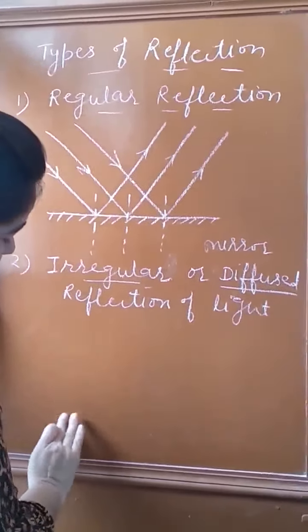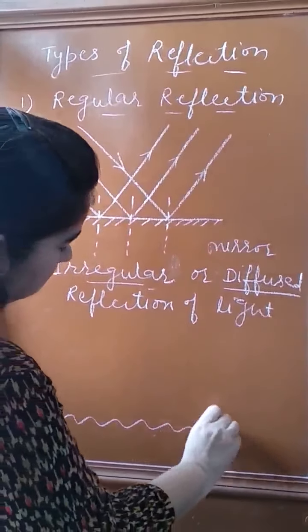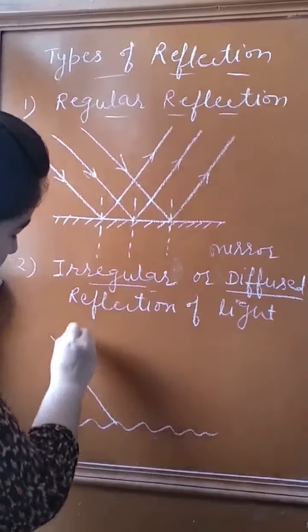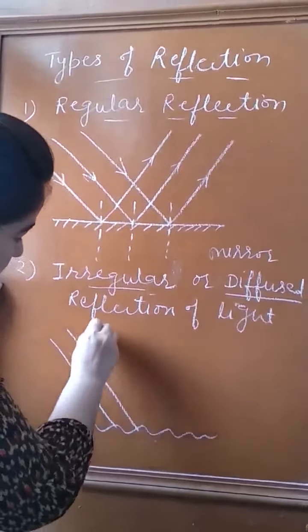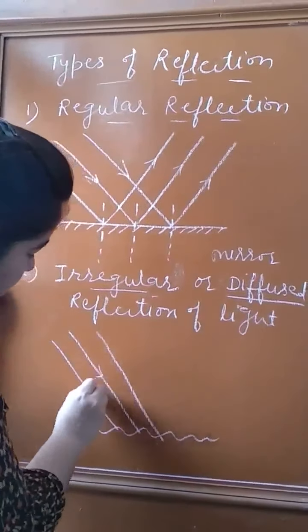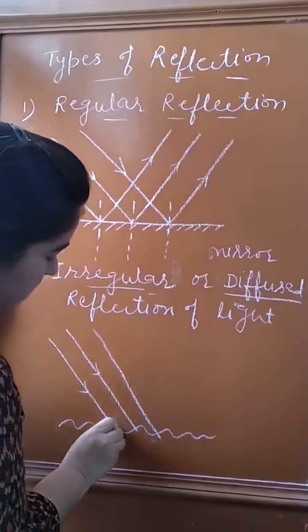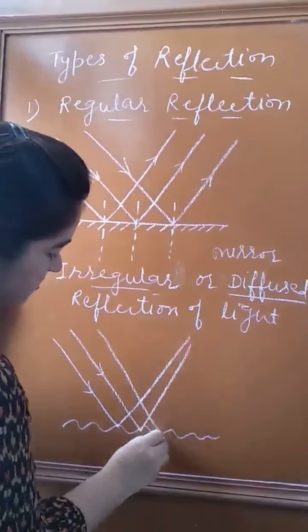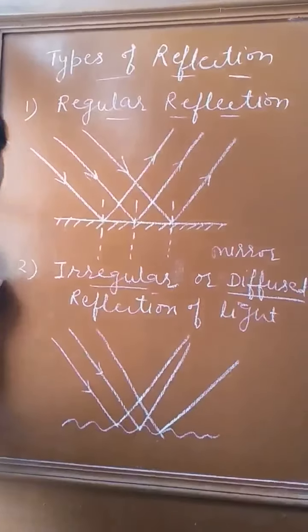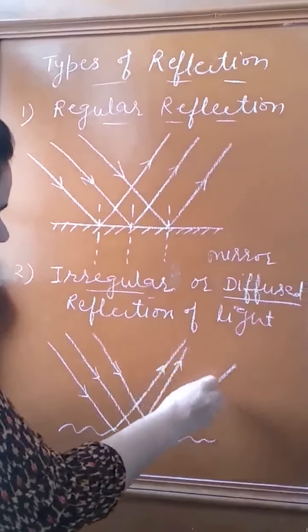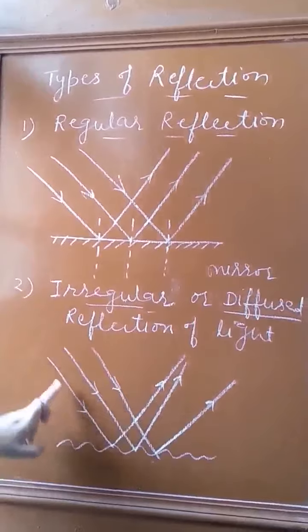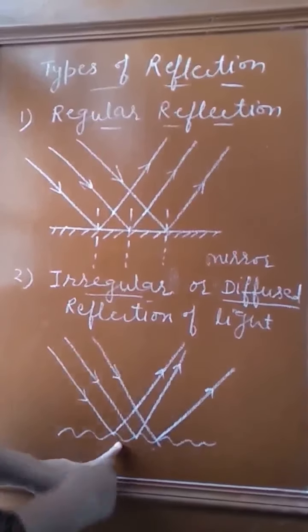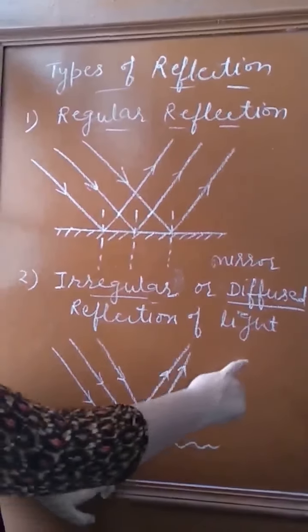When we take any rough surface, when a number of parallel rays fall on this surface, after reflection, these rays go in different directions.